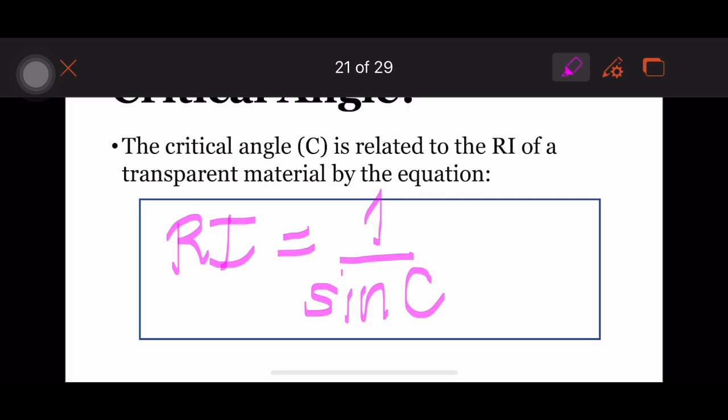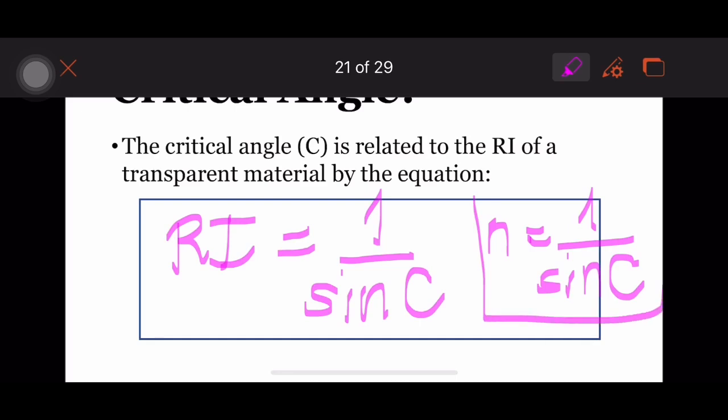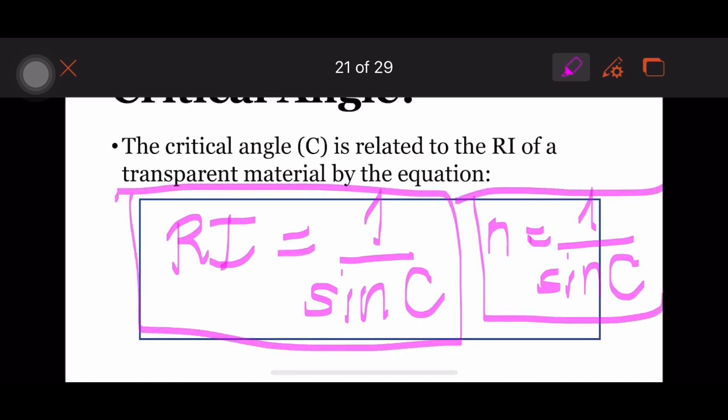Or other people use n for refractive index is equal to 1 divided by the same sine of the critical angle. So these are the equations related to critical angle and refractive index. Ri is the refractive index of the material and C is the critical angle.